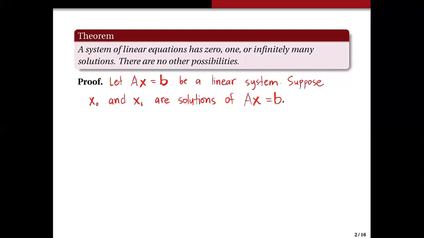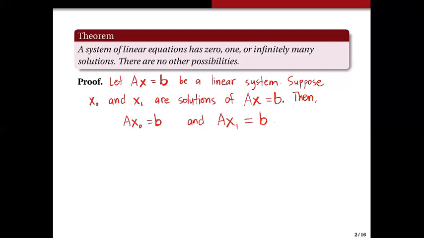So what does this mean? Then we have A x sub 0 equals b, and we also have A x sub 1 equals b.